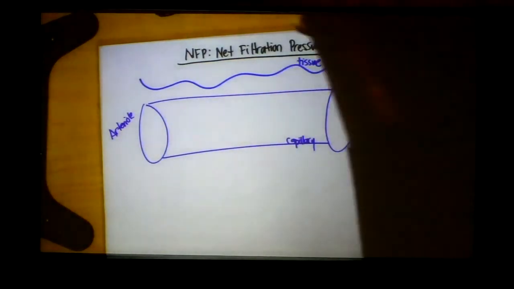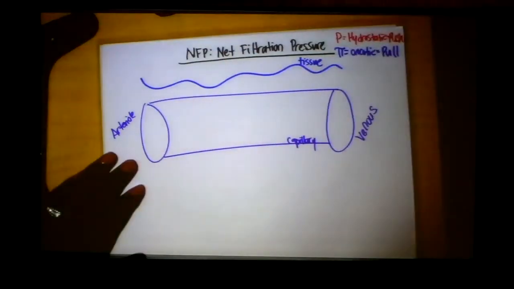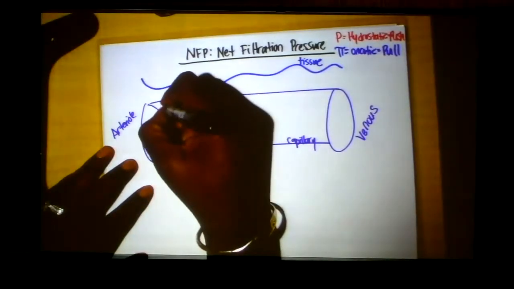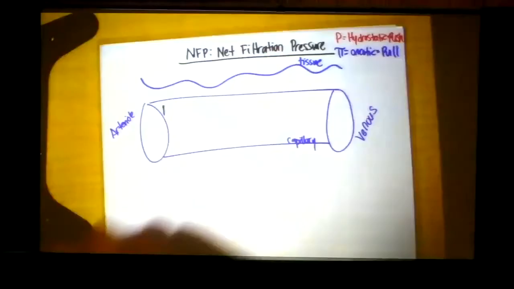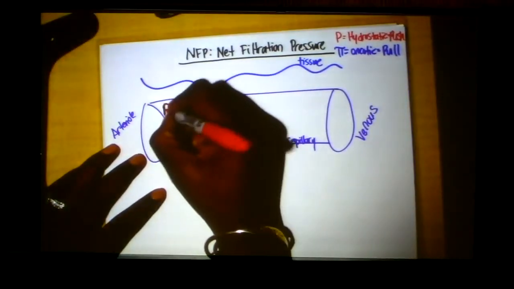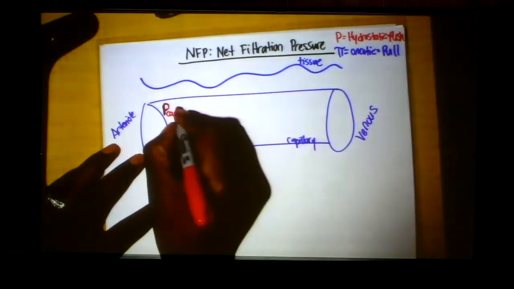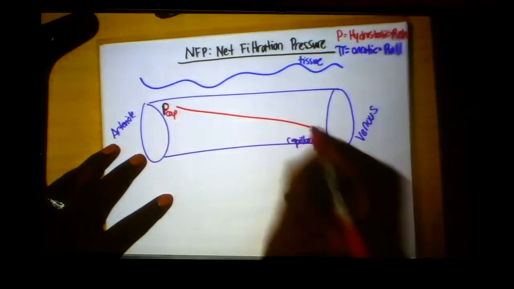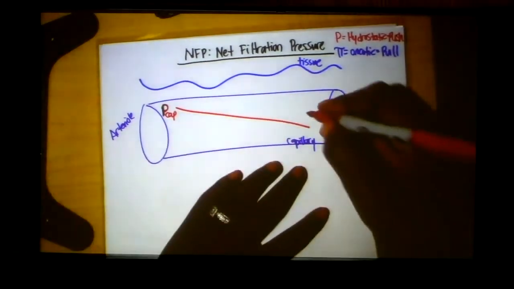All right, so let's start to fill in our relevant forces. Now we know that the capillary, let's draw this in red, capillary hydrostatic pressure, which is a large P, changes as we go from the arterial end to the venous end.